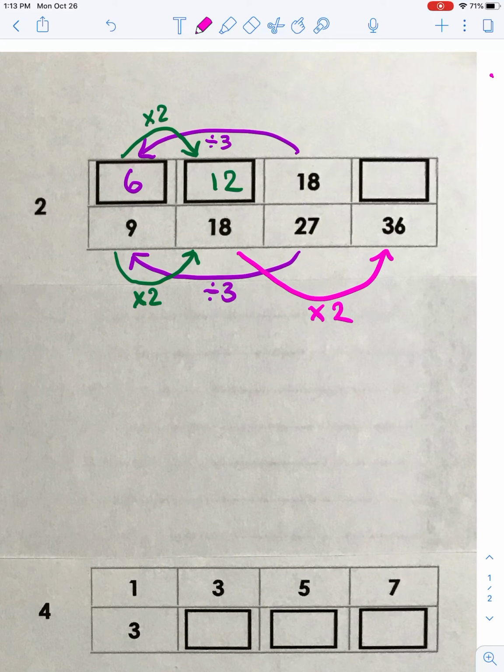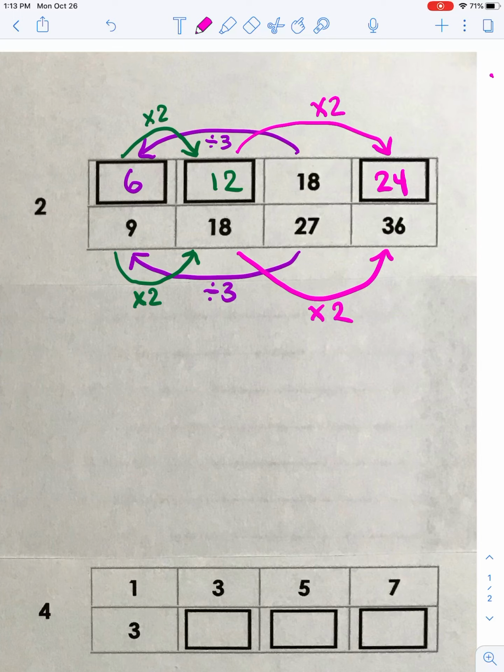I know that 18 times 2 is 36, and so 12 times 2 is 24. So in this case, I didn't start in the first column. I started in the second column because I saw a relationship there. And that's how you're going to do this.